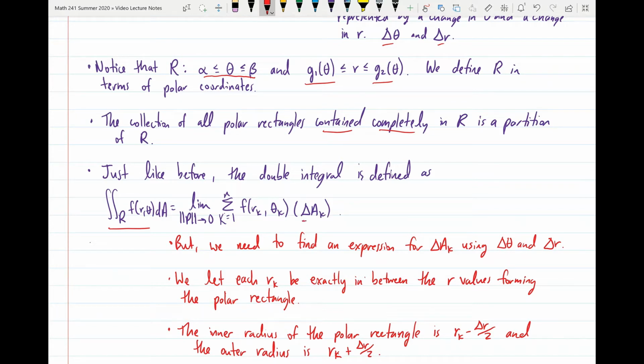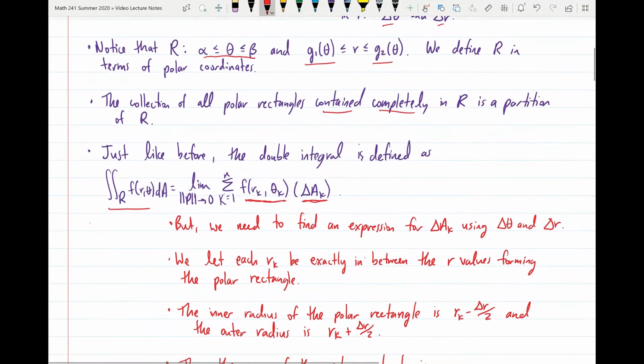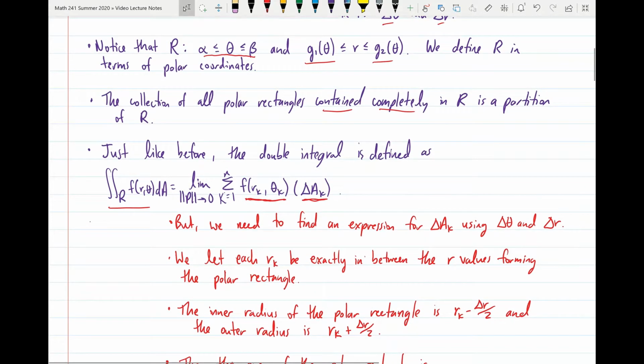So here, this is the area of that polar rectangle. This r sub k theta sub k is a point that we choose for each of the polar rectangles inside of the partition. So this is very similar to the definition that we had before. It's analogous, we're just using polar coordinates this time instead of Cartesian coordinates.